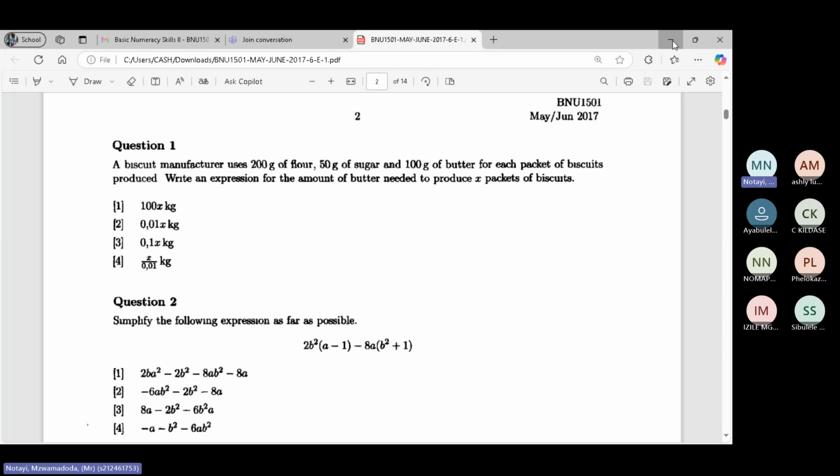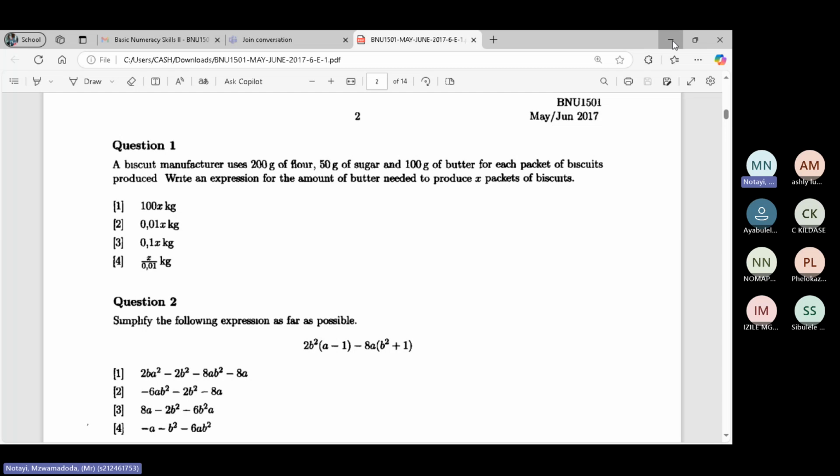Then you multiply by the number of packets, which is X. So you get 0.2X kgs. And then you get 0.05X kgs. Well done, guys. And I hope everyone is following.